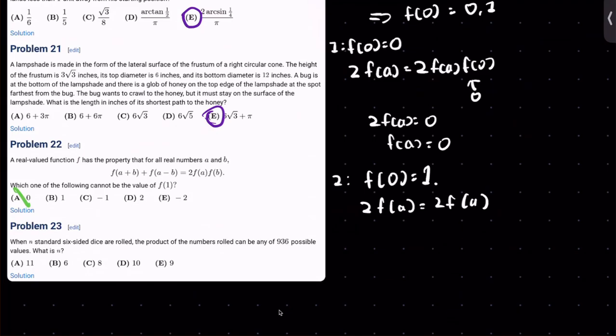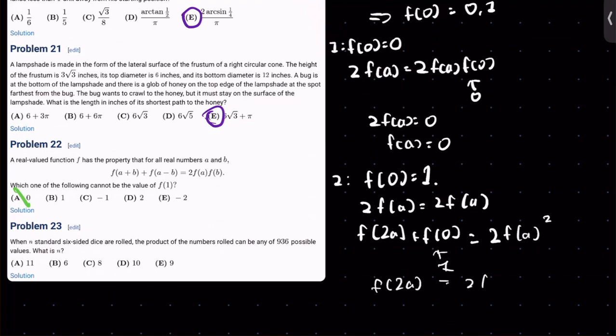Let a equal a and b equal a. That gives us f of 2a plus f of 0 is equal to 2 f of a squared. And we know that f of 0 is just 1 from this case. So f of 2a would be equal to 2 f of a squared minus 1.